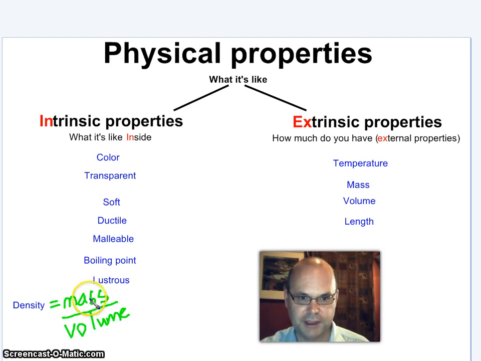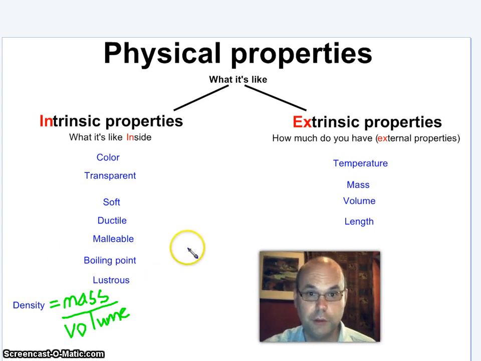You'll see that the mass is an extrinsic property and the volume is an extrinsic property, but the density is intrinsic. You end up with something that's specific, special for that substance. We'll learn more about density.